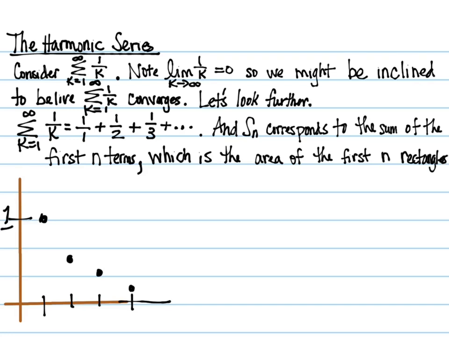So I'm going to sketch in the curve that we're talking about because I'm going to reference it in a minute. And we are talking about the leftmost rectangles, like this. So this would represent S sub 3, the first 3 rectangles.